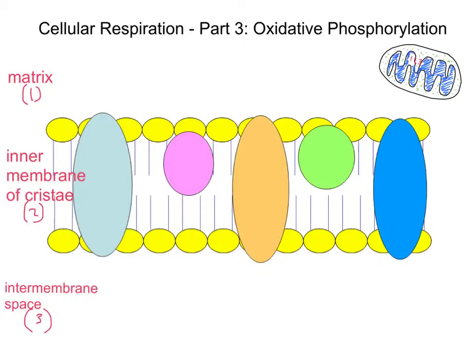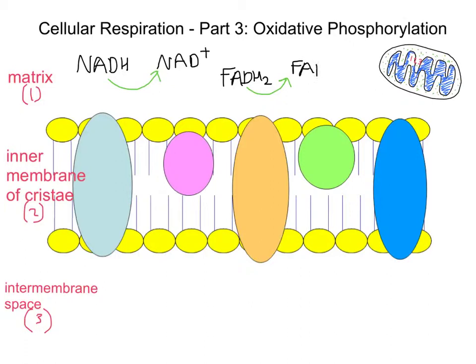So we have in the matrix this NADH, and that NADH now will become NAD+, and equally FADH2 will now become FAD. Both of these reduced coenzymes become oxidized.